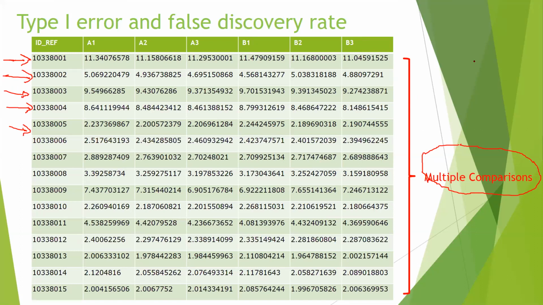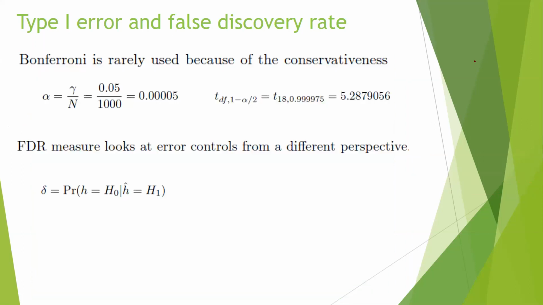When you test many hypotheses simultaneously, if you do not adjust the p-value, this will increase your family-wise or experiment-wise type 1 error. So we have to do some adjustment or control on the false discovery.